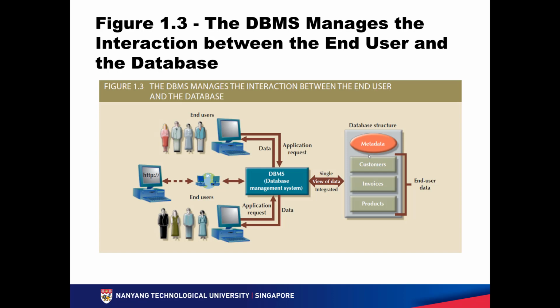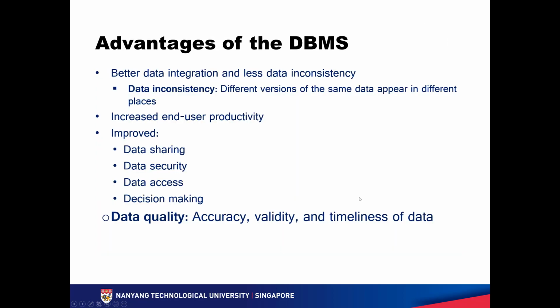So why are we using a DBMS? Well, because it does a very good job in terms of integrating data and ensuring there is minimum data inconsistency. Data inconsistency is when there are many different versions of the same data appearing in different places. Try to recall our cash transfer story just now, where I'm trying to transfer you $10.